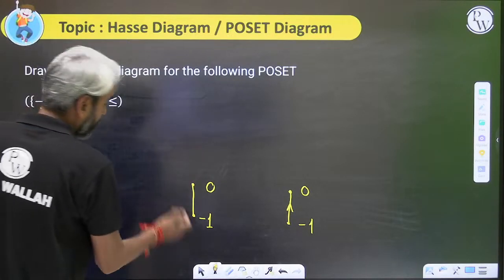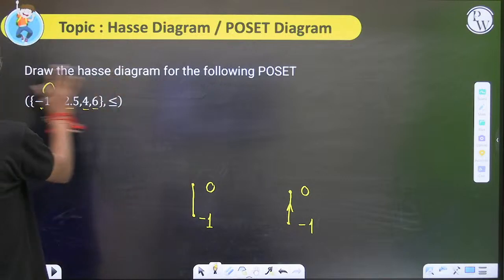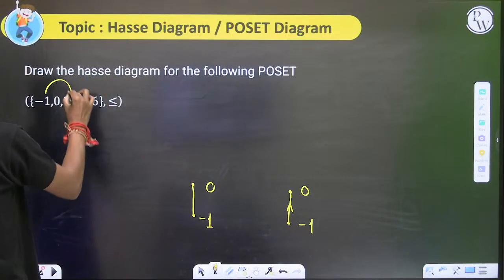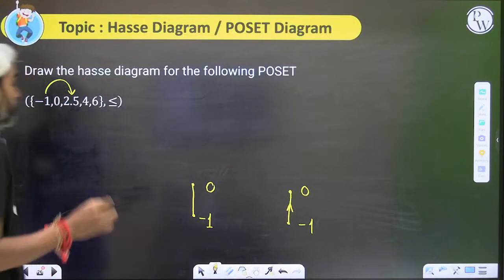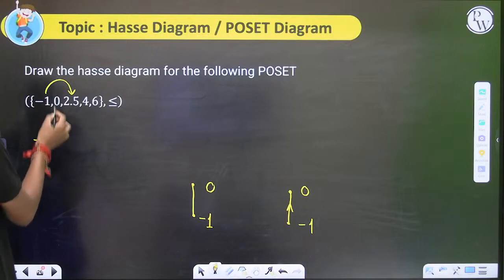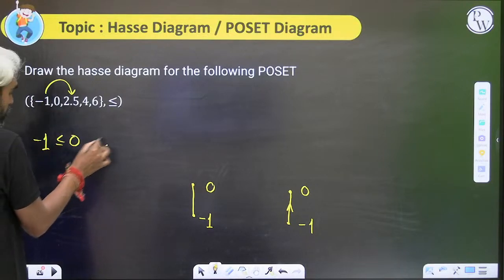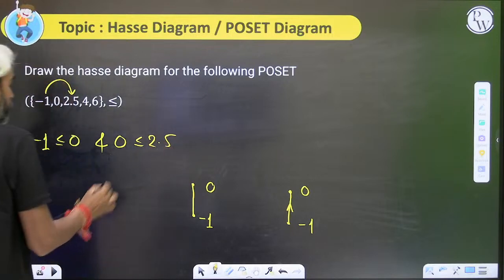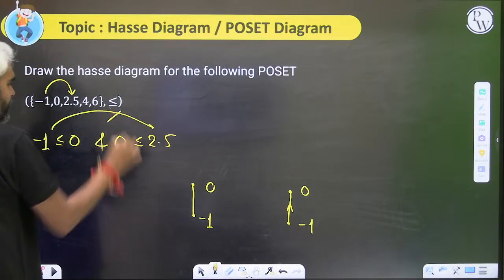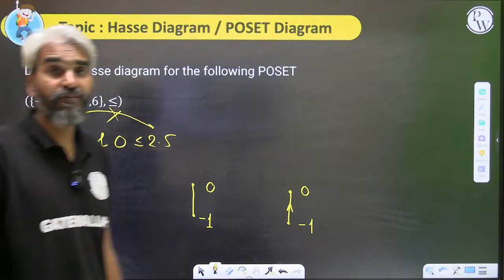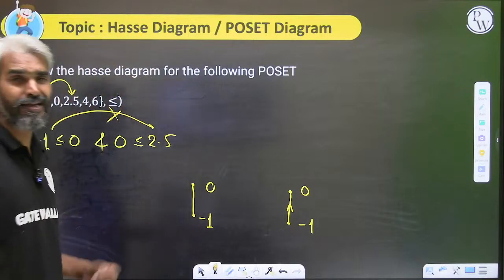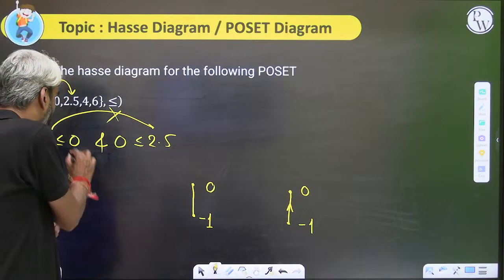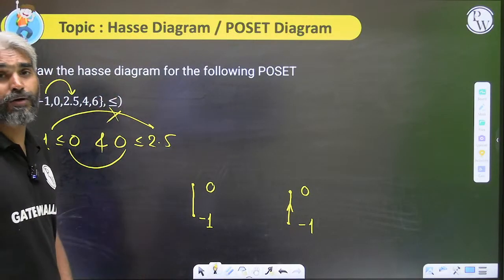Okay, sir. Now -1 relates with 0. Does -1 relate with 2.5? Yes, sir, -1 relates with 2.5. But there exists an element 0 such that -1 is less than 0 and 0 is less than 2.5. Therefore, we don't need to draw an edge between -1 and 2.5, because we only draw an edge between a and b if there is no such element x such that a relates to x and x relates to b.